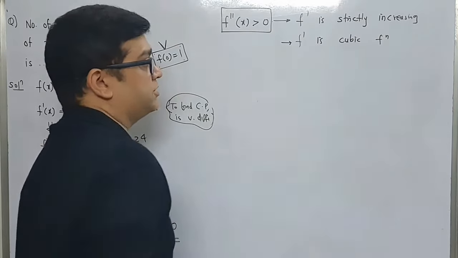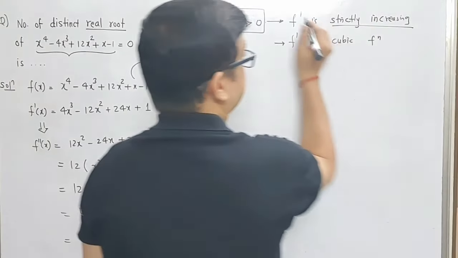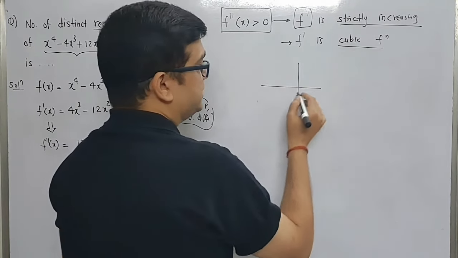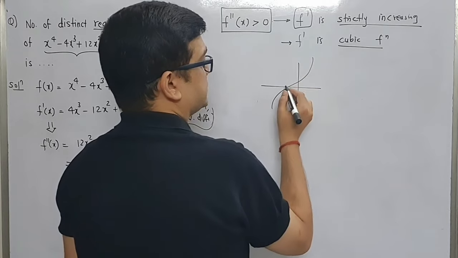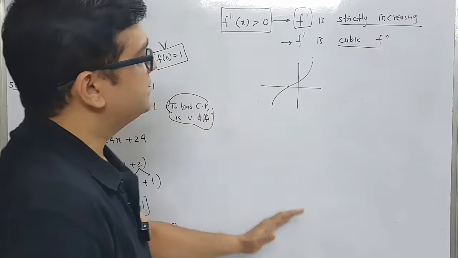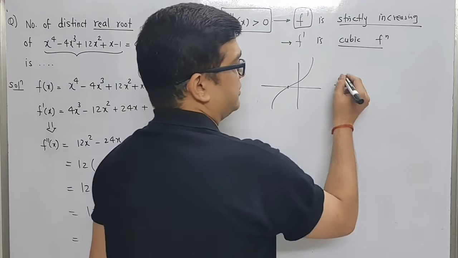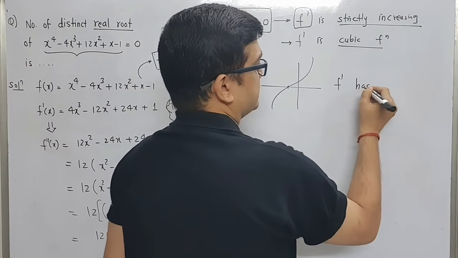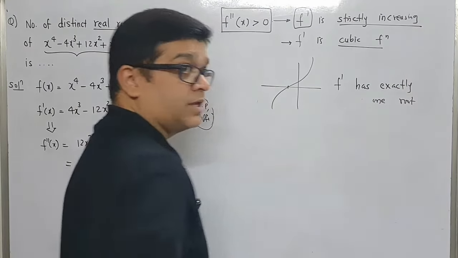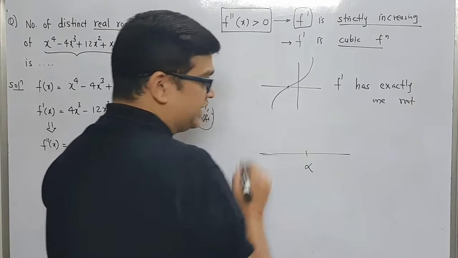These two are very important, useful pieces of information. If f'(x) is strictly increasing and it is a cubic polynomial, that means it is definitely going to cut the x-axis at one place. That means f'(x) has exactly one root.